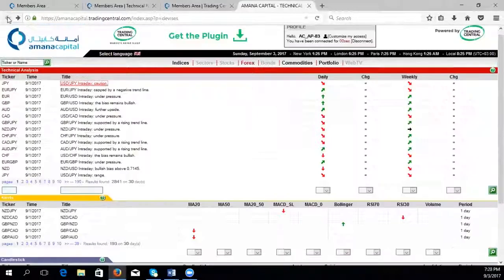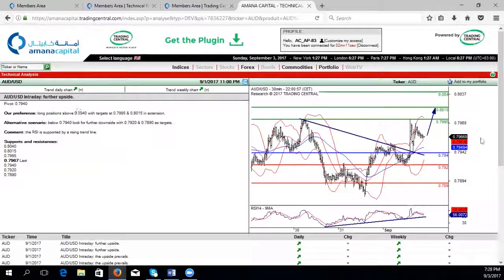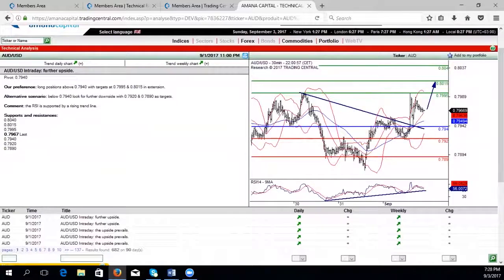Let's take another example. Let's see the Aussie dollar in this case. Okay, this is the Aussie dollar versus the US dollar. Again, because the market is way above the blue line in here, the major preference is that the market may move even higher, and it suggests to go and buy the market at this point, and these are the targets for bullish entries.